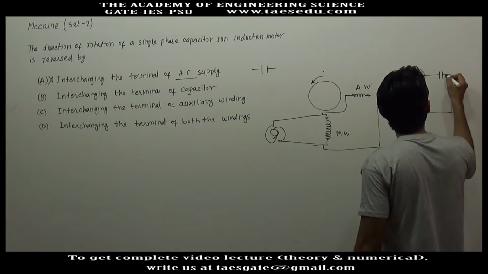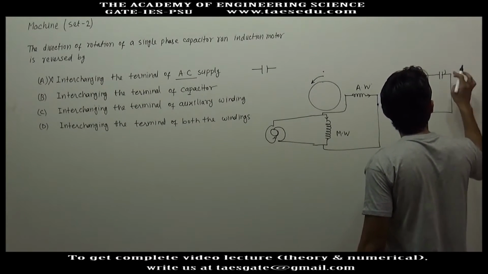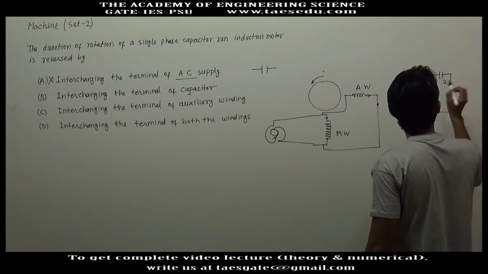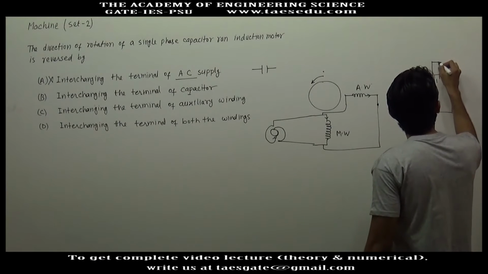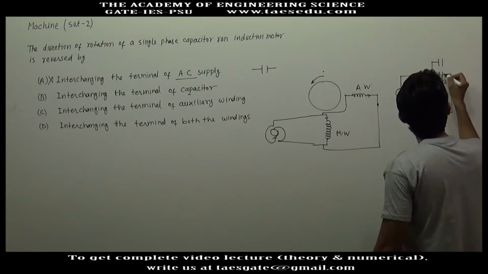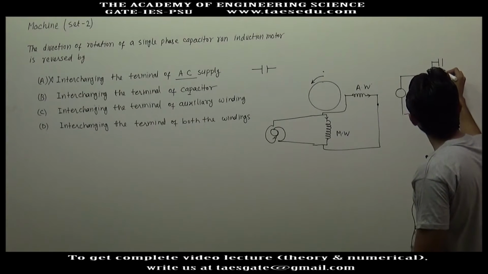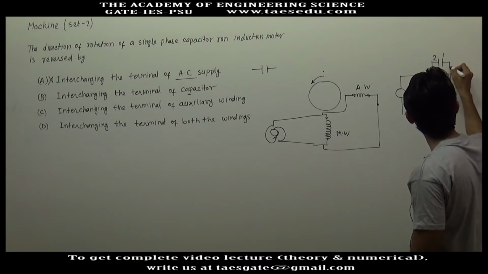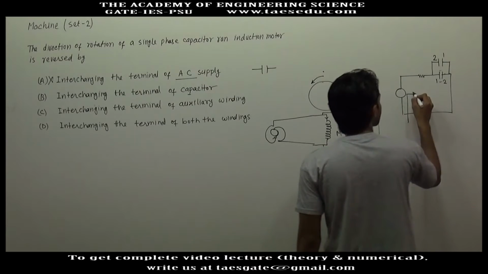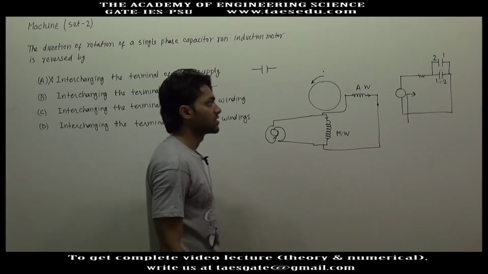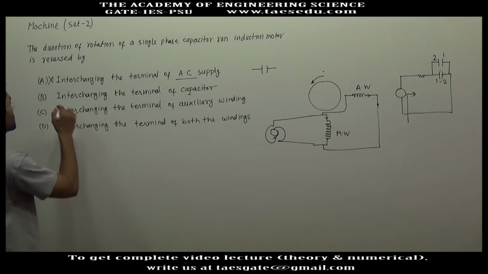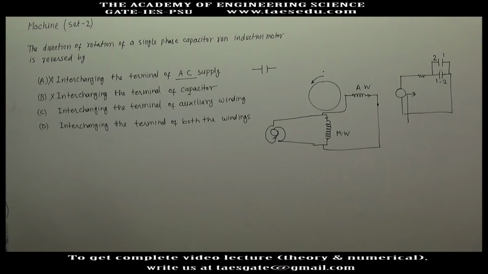If you interchange the plates of the capacitor, let's say this is 1, this is 2, and in the other case you interchange the orientation of the capacitor, the overall phase difference of the circuit will not change. It will not make any difference. So by doing this, the direction of rotation cannot be reversed.